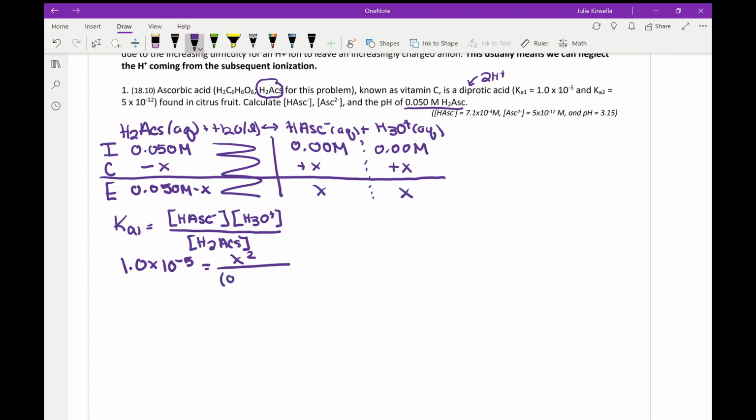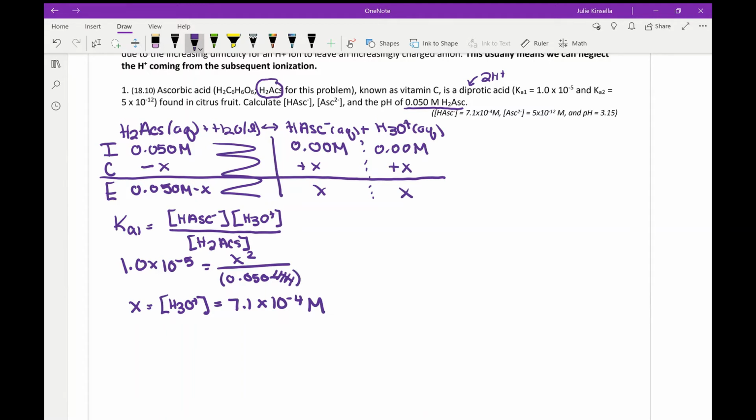And then we know that because we have a small Ka, we're going to make the simplifying assumption that we're going to take out that change for the weak acid so that we can simplify. We'll show at the end again that that's going to be less than 5%. So when you go ahead and solve for x here, which we know is our concentration of hydronium as well, you should get 7.1 times 10 to the -4.